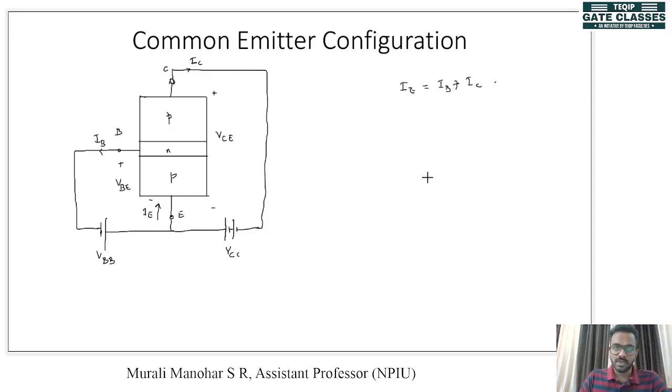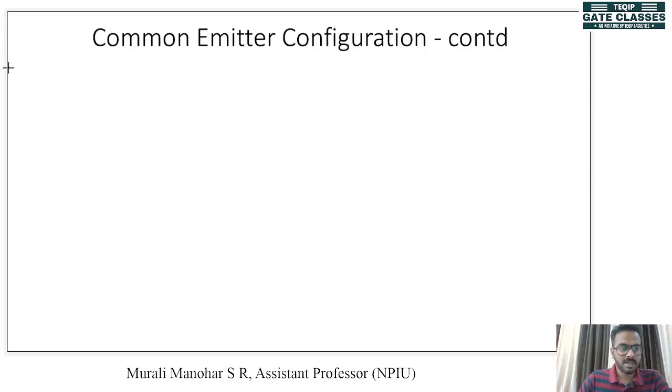So now we can draw the characteristics. The input characteristics is between IB and VBE. And what remains constant? VCE will remain constant.